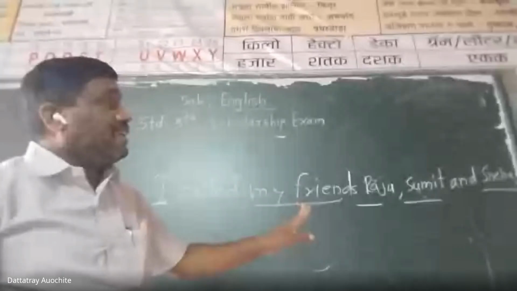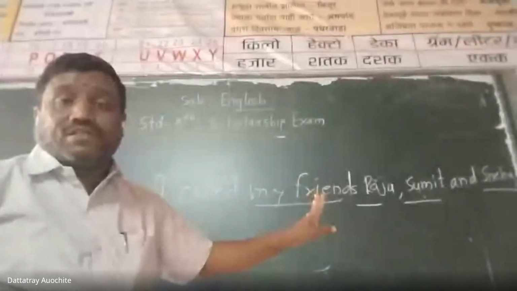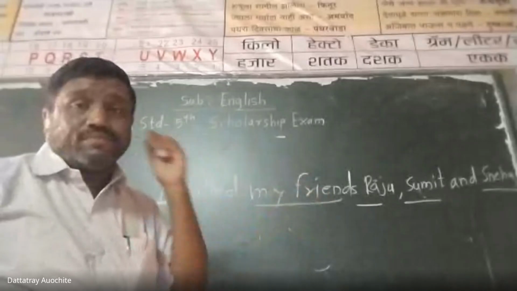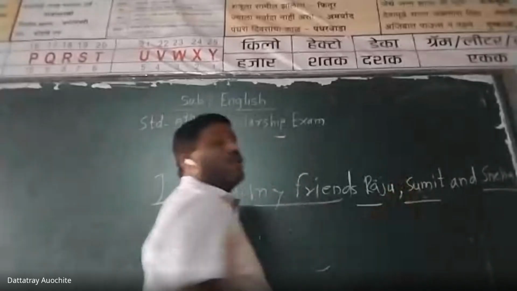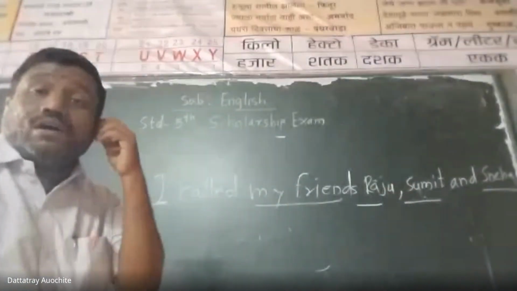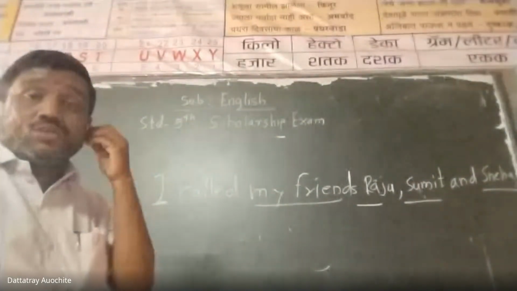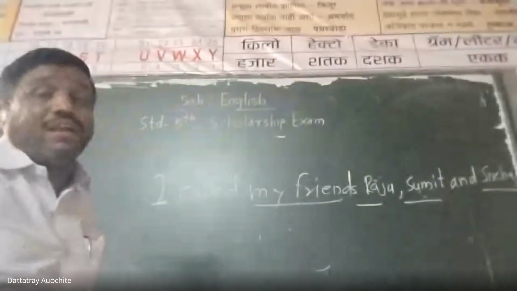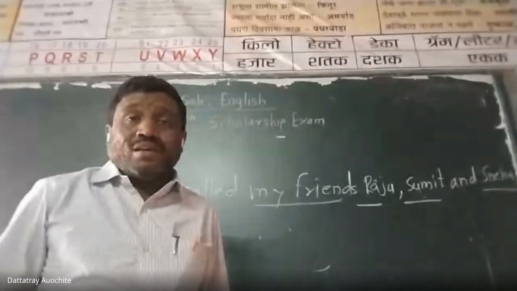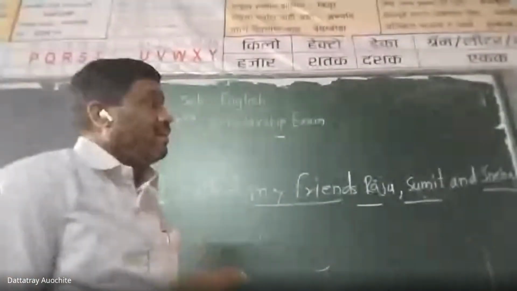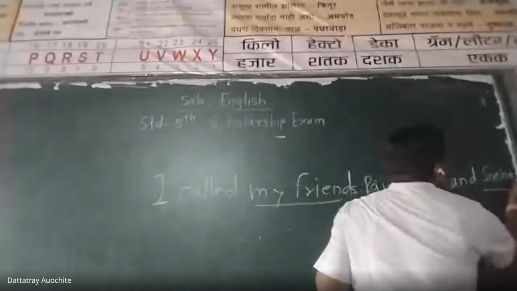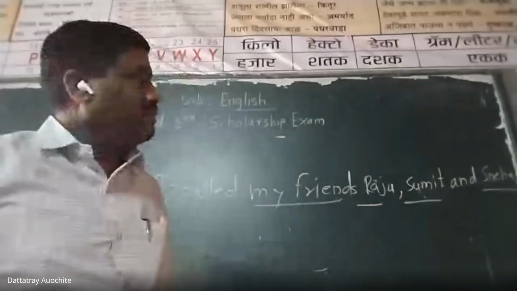So if these examples, these words, are more than three, then we use a comma after each word, but not for the last one. Because if the sentence ends there, then we should add a full stop at the end of the sentence.